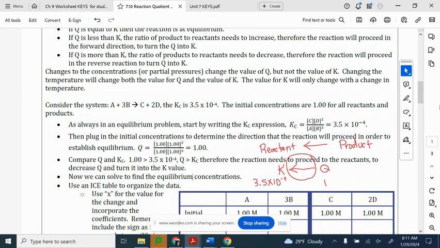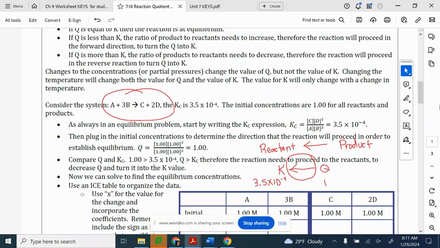So if we are looking at the equation here that they have, which is right here, which one are we going to form? More of A or C based on this information? A. And we're also going to form more B as well.